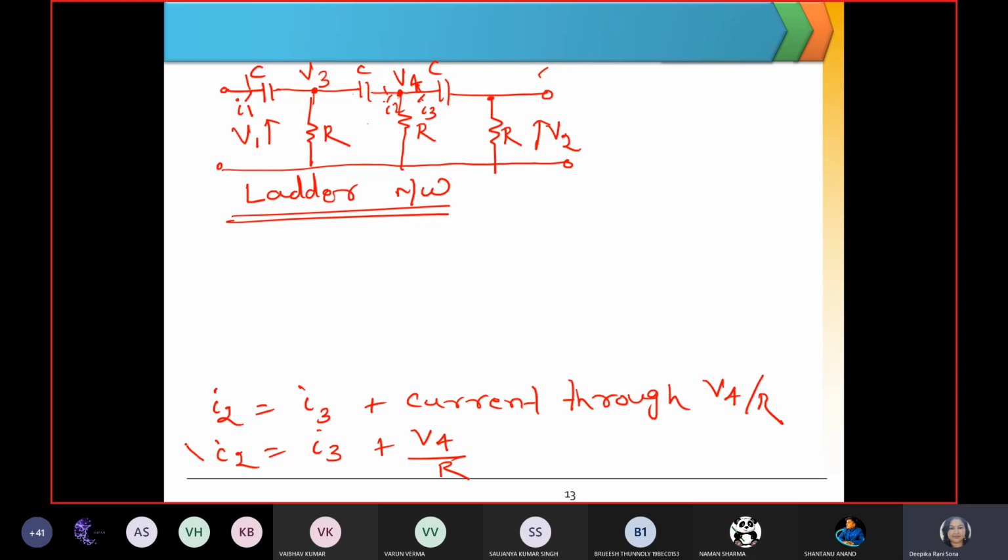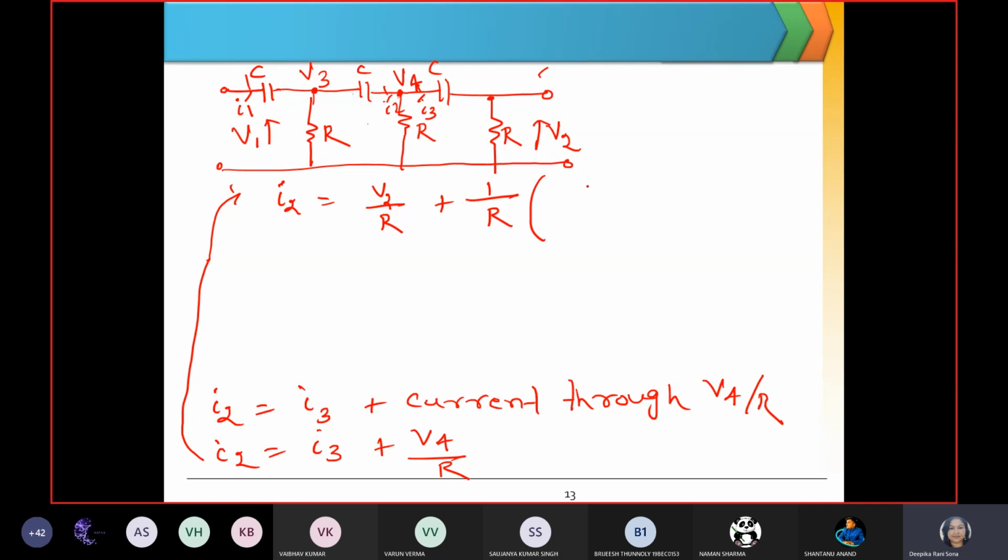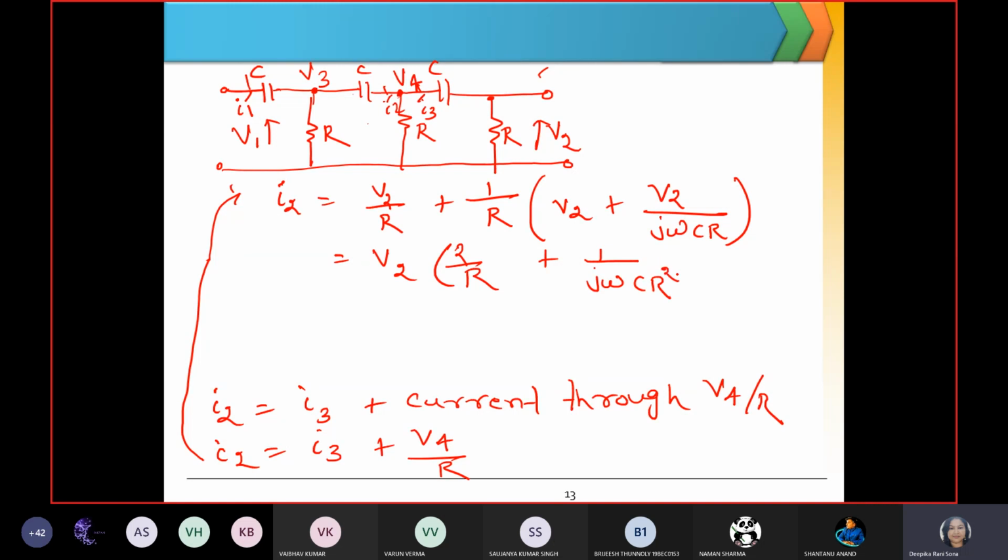So this equation can be rewritten like this, which is equal to I2 can be written as V2 by R plus 1 by R whole into V2 plus V2 whole divided by j omega CR. If you further simplify this, V2 whole into 2 by R plus 1 by j omega C R square.